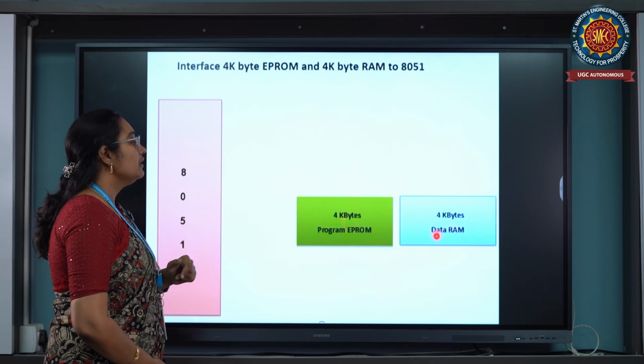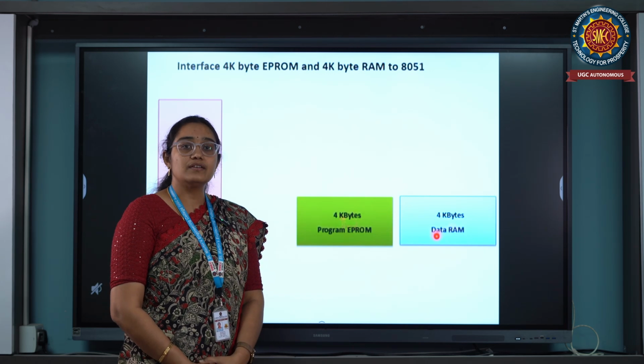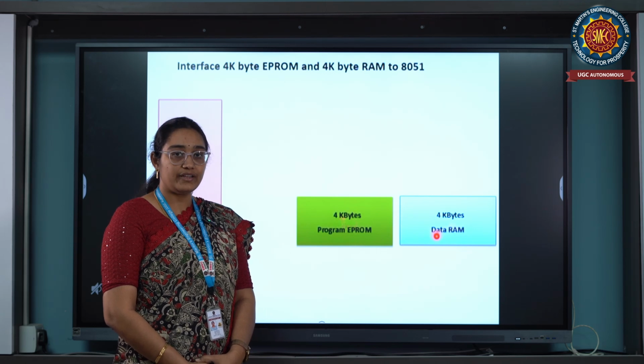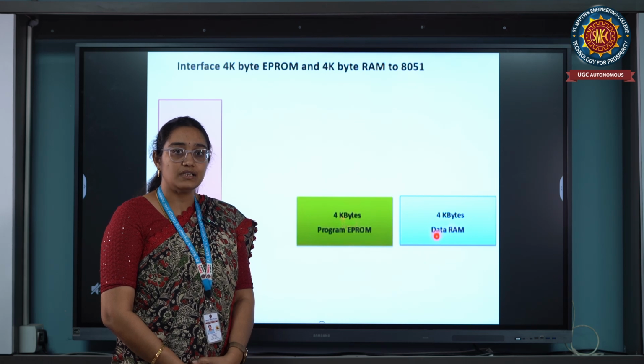That means here we are using 4K, which is 2 power 12 equals 4K. That is, we are using address lines A0 to A11, which means 12 address lines are used.